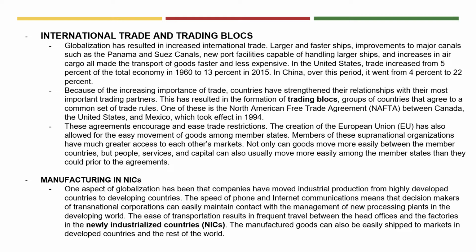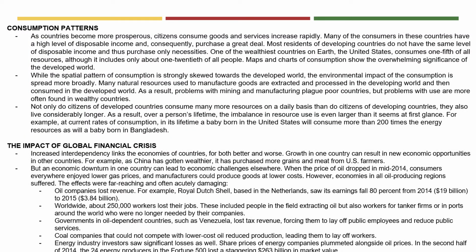The ease of transportation results in frequent travel between the head offices and the factories in the newly industrialized countries. The manufactured goods can also be easily shipped to markets in developed countries and the rest of the world because of the increase in transportation infrastructure. As countries become more prosperous, citizens' consumption of goods and services increases rapidly.